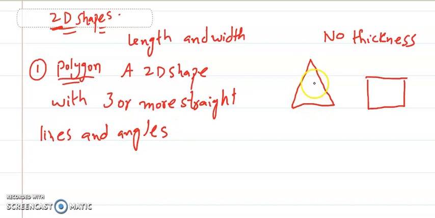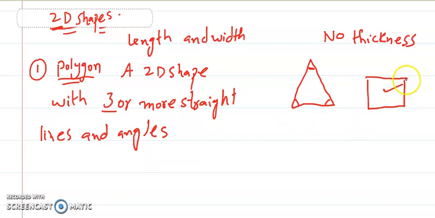For example, the shape shown here right now has three sides and three angles also. Such a shape I will say is a polygon, and this polygon is given a particular name. This shape is also a polygon because it fulfills the definition of the polygon. For the polygon, it must have three or more straight sides and angles.